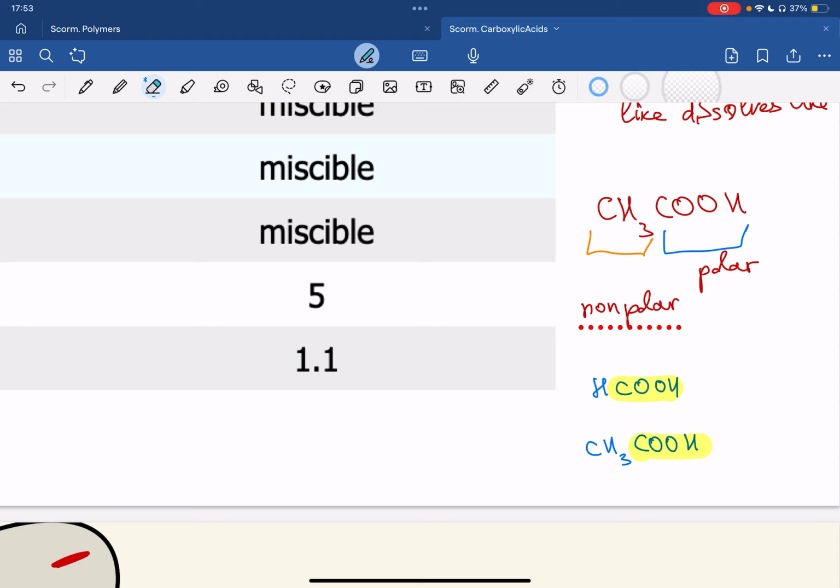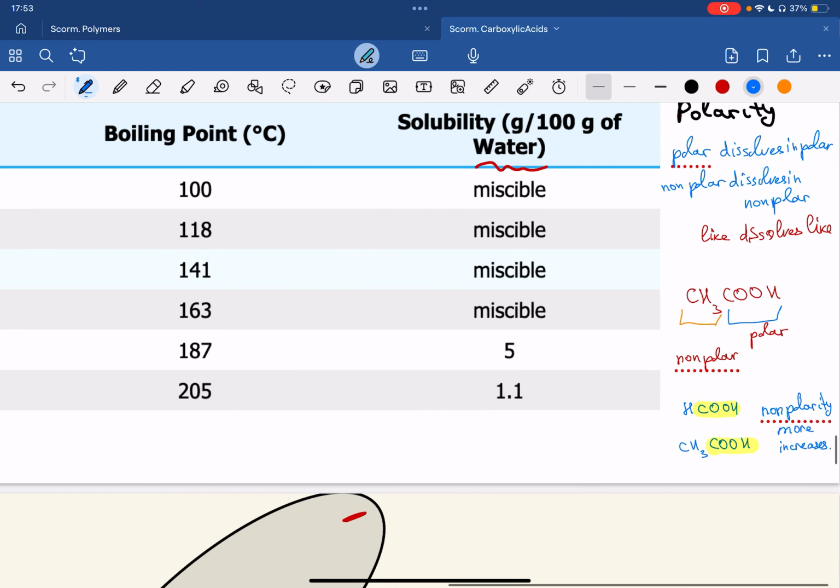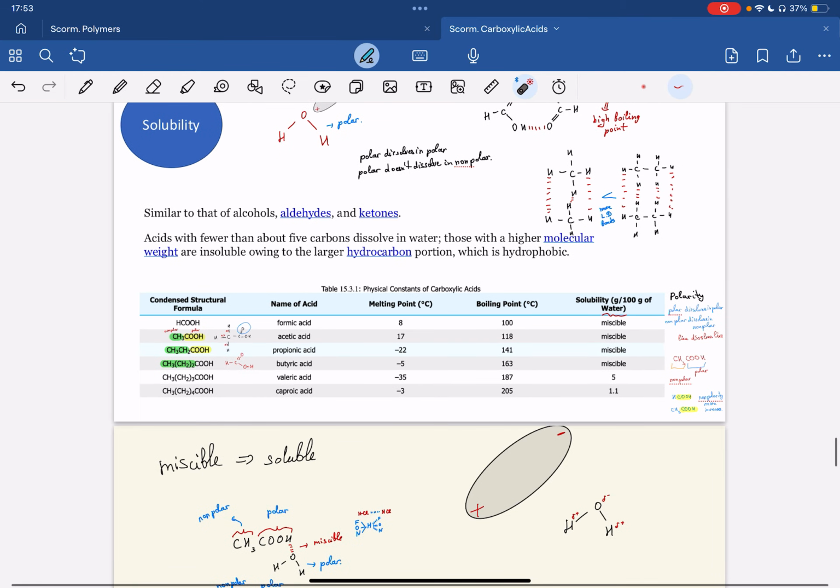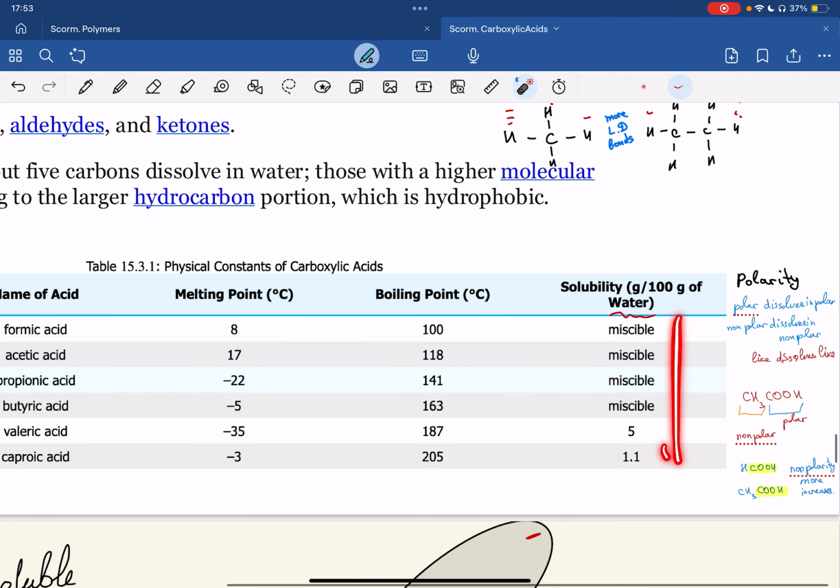As the non-polar part gets bigger, non-polarity increases, and the molecule becomes more non-polar. So solubility in water, which is a polar molecule, becomes lesser. So from methanoic acid to, I don't know, caproic acid, it decreases.